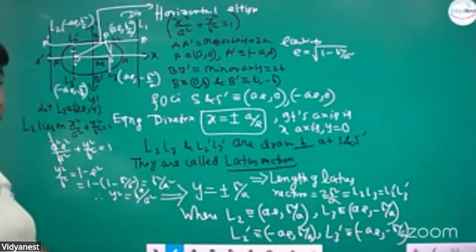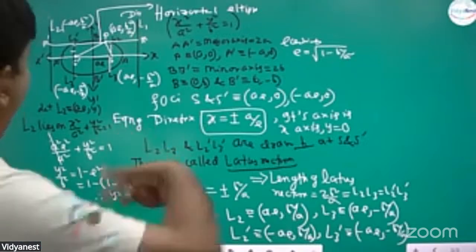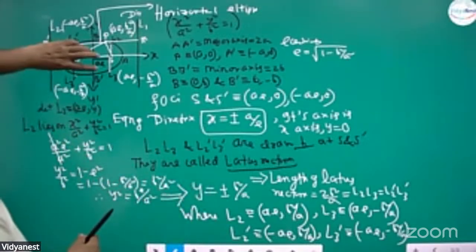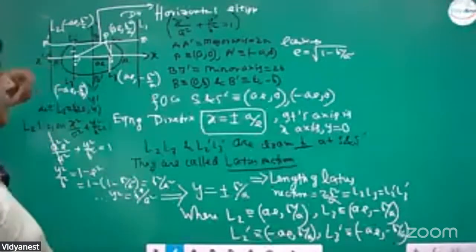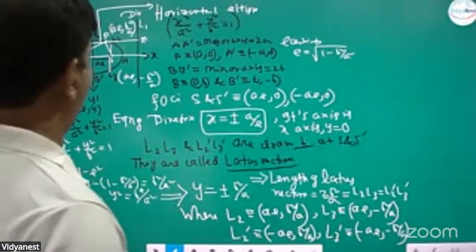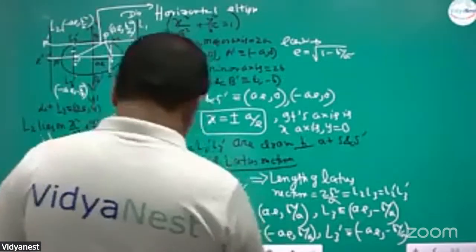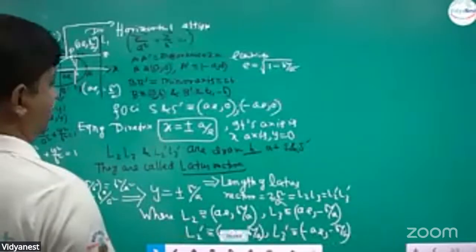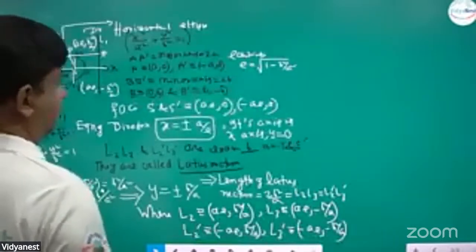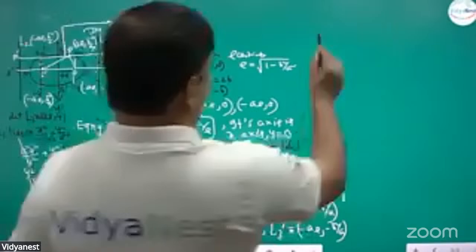That will be the conjugate of this. It means that if the ellipse is totally reversed, we get the vertical ellipse.